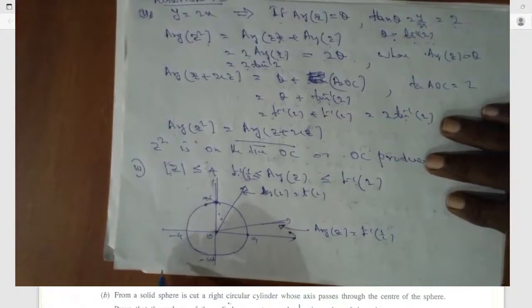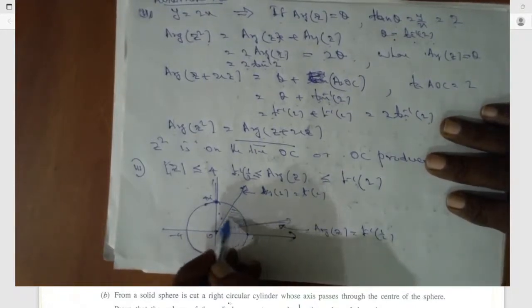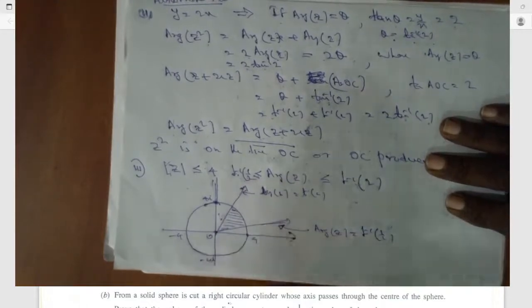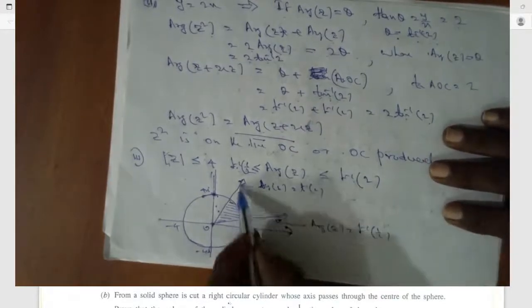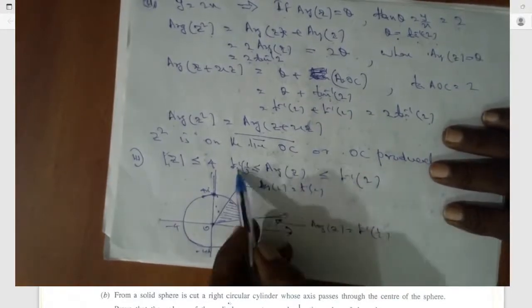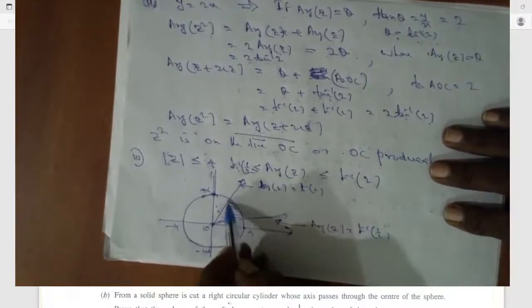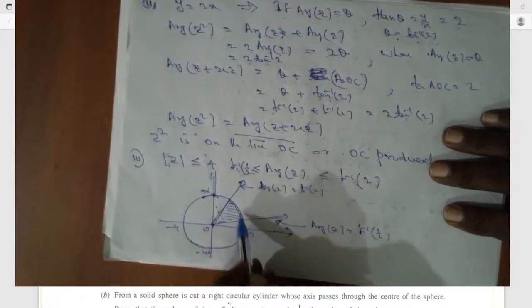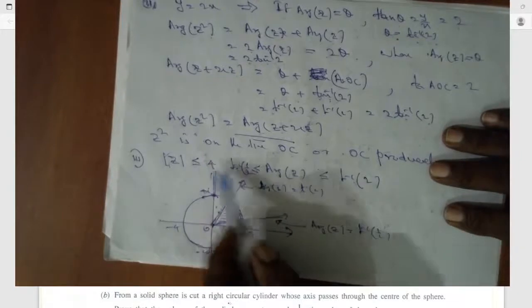Then the required region is this region. You have to say the region including, because it is between these two lines, according to this inequality, and inside the circle. But here you use thick lines because everywhere you have the equal sign also, right?